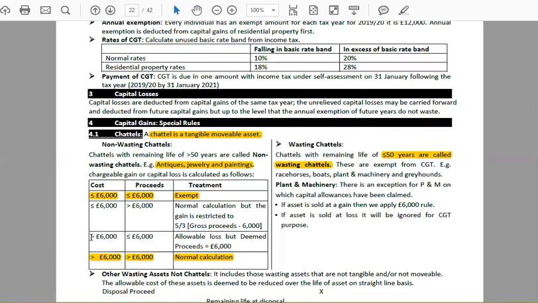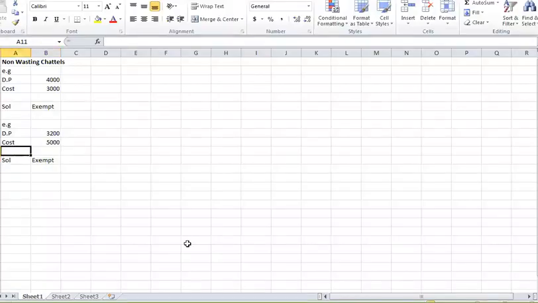Next, if cost is more than £6,000 and selling price is less than £6,000, obviously there will be a loss.